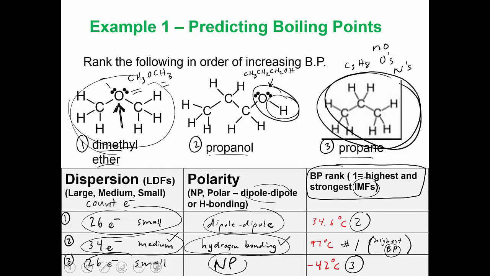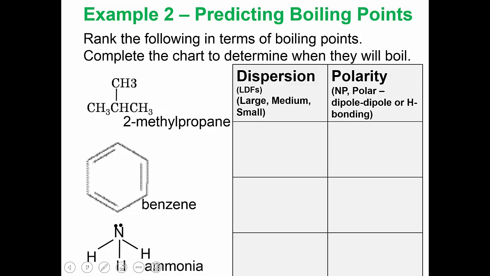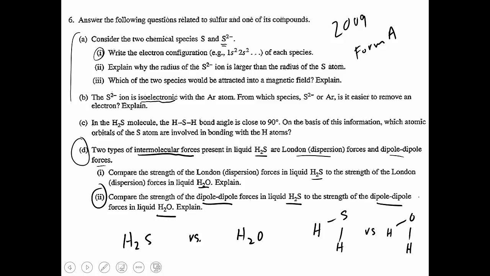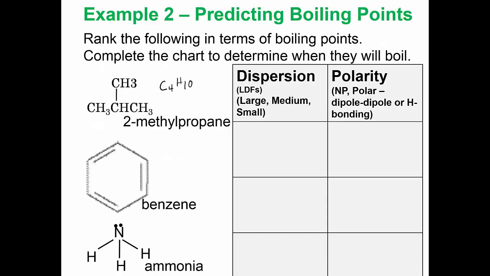Okay, next is the last example, and I would like you guys to try this example. I was going to write the condensed formulas here so it's a little bit easier for you to count electrons. If you use the condensed or the skeleton review, you'll see that these each have one H because each carbon's making three dashes.